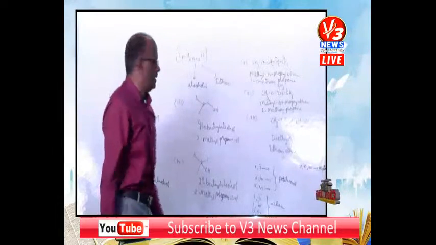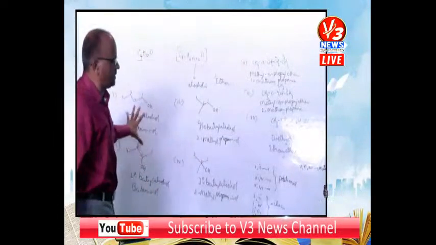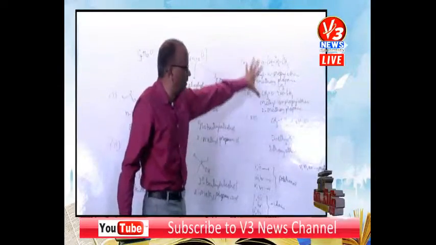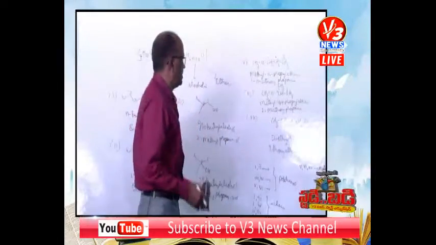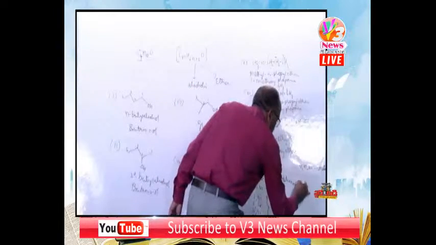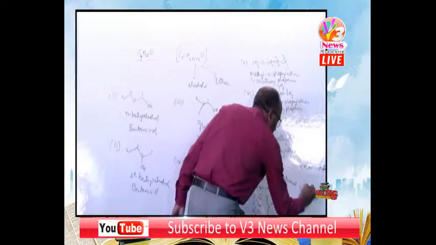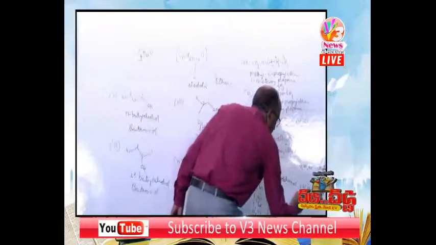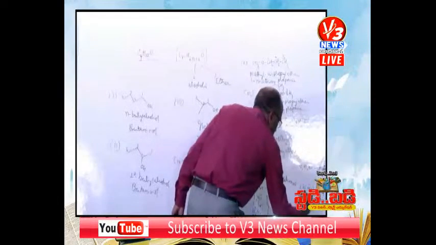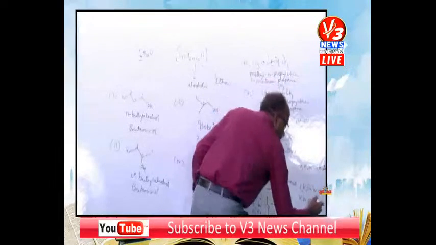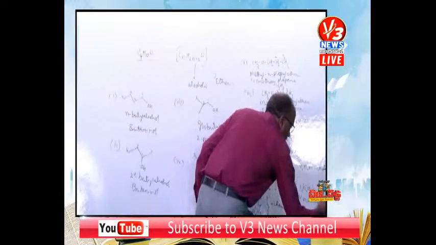Now all these alcoholic structures are functional isomers with these ether structures. That is why we can say that 1, 2, 3, 4 and 5, 6, 7 are functional isomers.